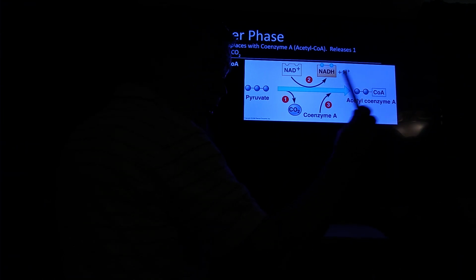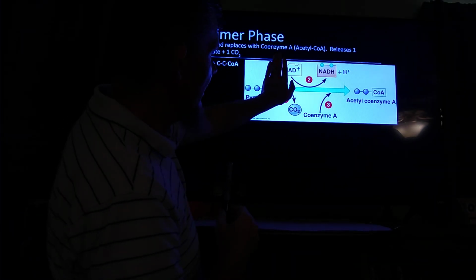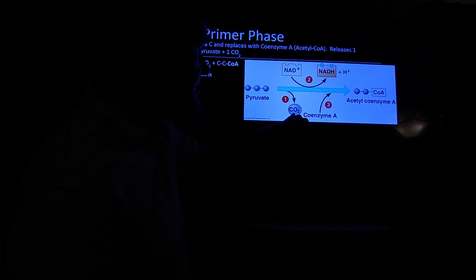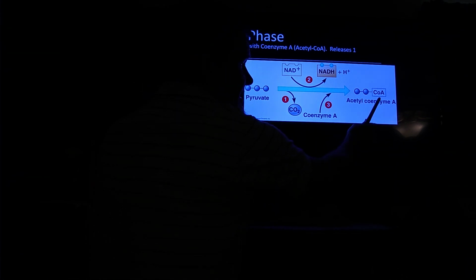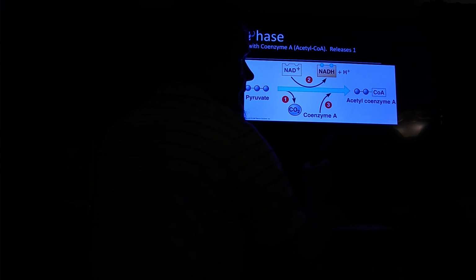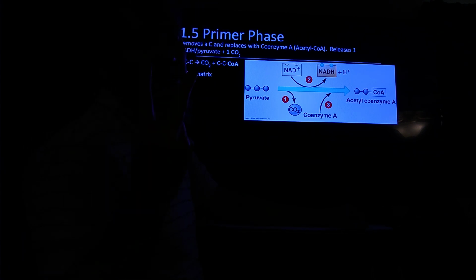But the point is, this 3 carbon molecule, because I cut off a carbon, is now a 2 carbon molecule. The one that I cut off, I release as carbon dioxide. The 2 carbons that are left, where that carbon was, I attach this thing called coenzyme A. Acetyl means 2 carbons.